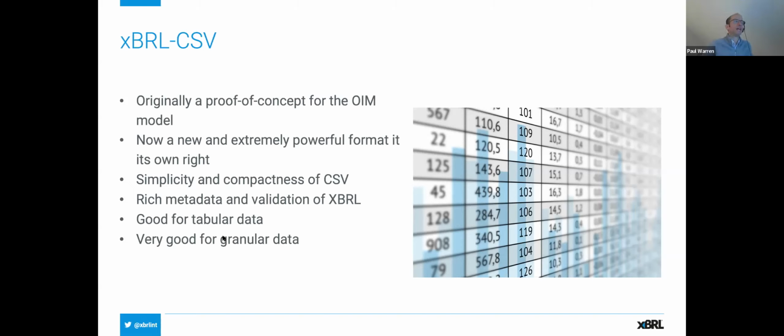So what xBRL-CSV does is it combines the simplicity and compactness of the CSV file format with the metadata that you get from XBRL, in particular from XBRL taxonomies. And xBRL-CSV is very good for tabular data. It's very, very good for granular data, where you have very, very large quantities of data and need a very efficient and compact representation.